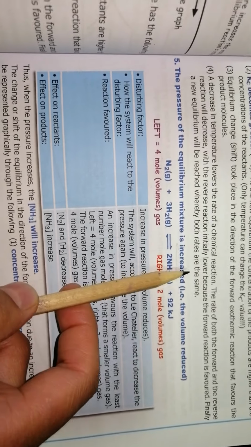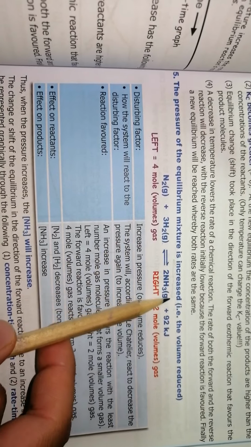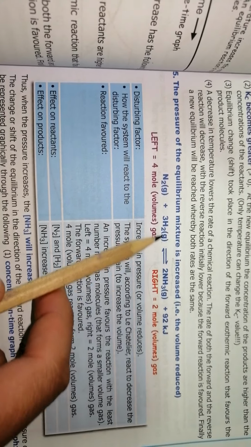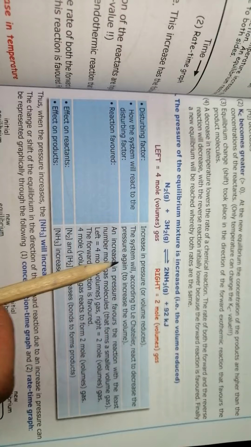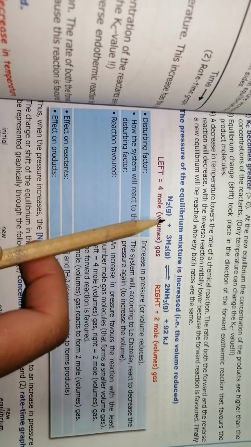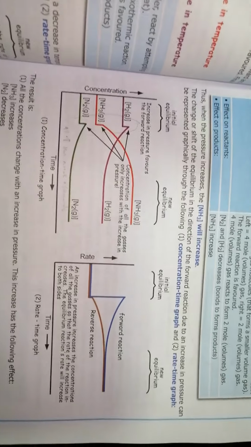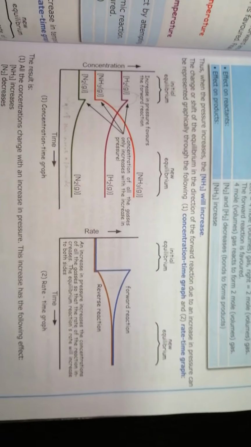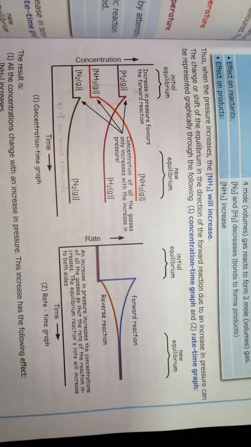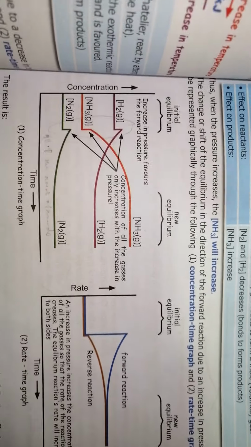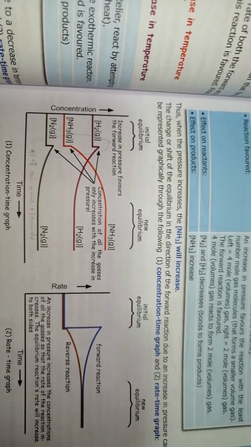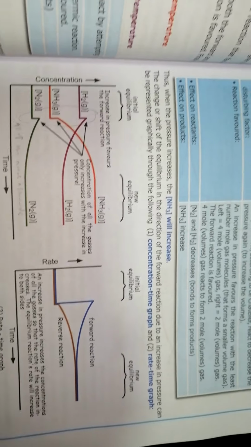So if you are increasing pressure, you're going to go in the direction of the product, which means you're going to favor the forward reaction, which means you're going to make more ammonia and less nitrogen and hydrogen. Now, there is a slight difference when it comes to pressure. When you are having a disturbance in the pressure of a reaction, the concentration graph looks different.